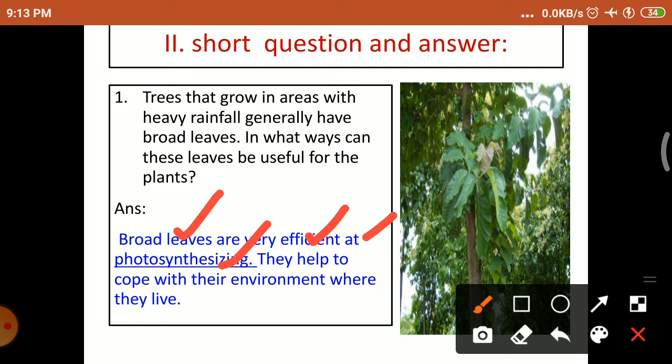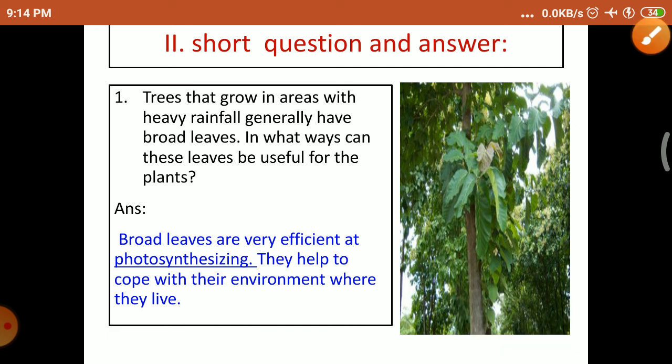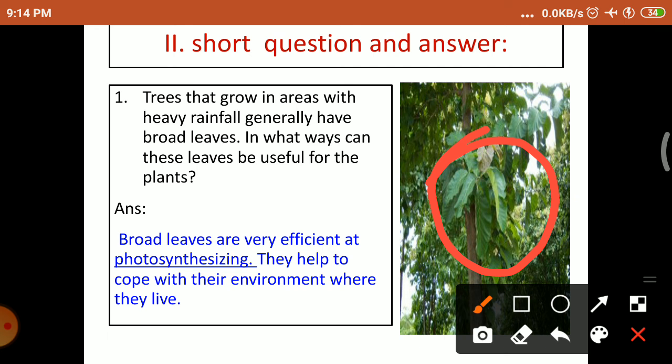They help to cope with their environment where they live. So it helps them to live. The main purpose is the photosynthesis process. After completing this question, you have to draw a double line.